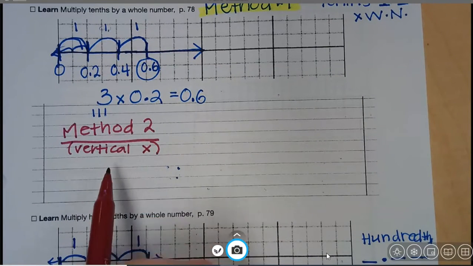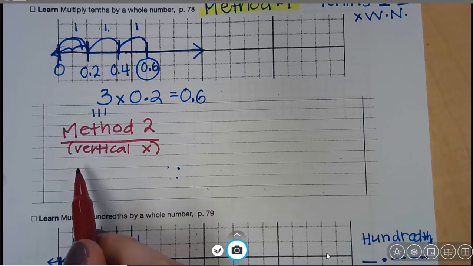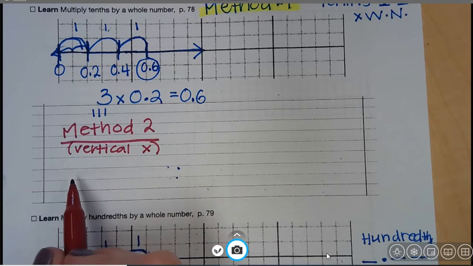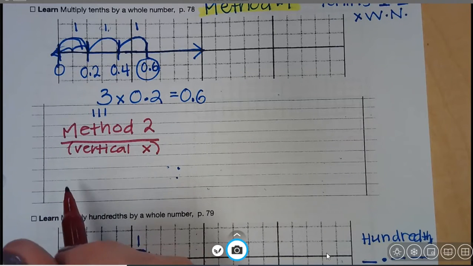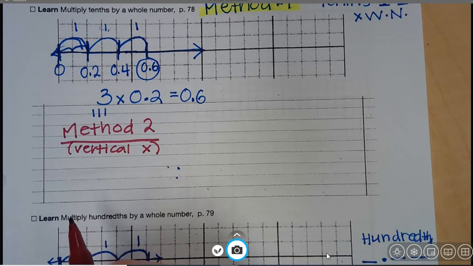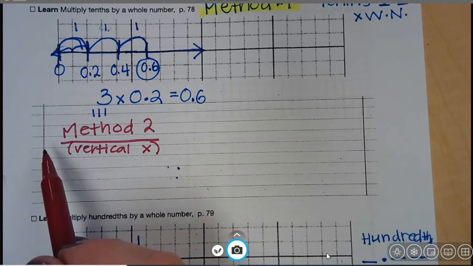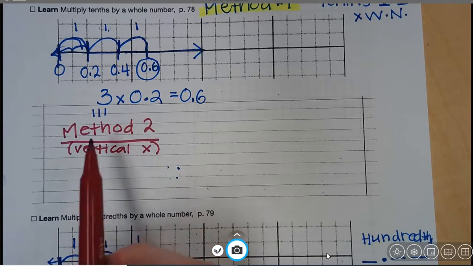Now in previous grades, your teacher might have told you that you have to put the bigger number on the top of a multiplication problem. Technically, what they were trying to tell you is to put the number with more digits on the top. And usually, the number that's bigger has more digits. But when we start to multiply by decimals, that's not always going to be the case.